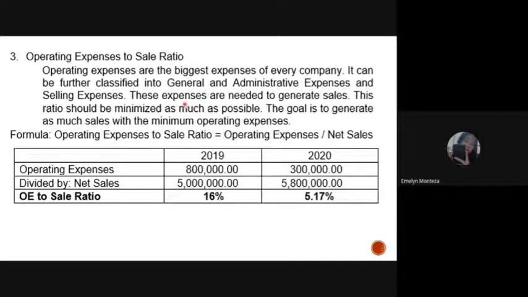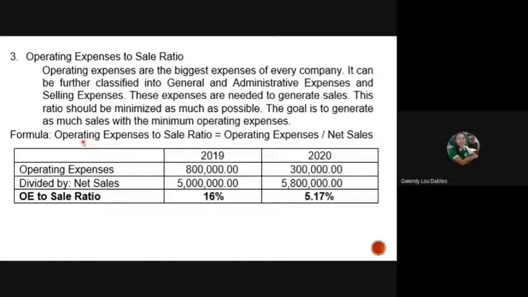These expenses are needed to generate sales. This ratio should be minimized as much as possible. The goal is to generate as much sales with the minimum operating expenses. Formula: operating expenses to sale ratio equals operating expenses divided by net sales.